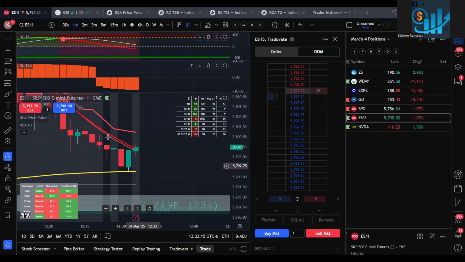And here EMA 200 is helping it to go up. So we are waiting for a buy now. If we get a buy, we can again enter a long position on ES.